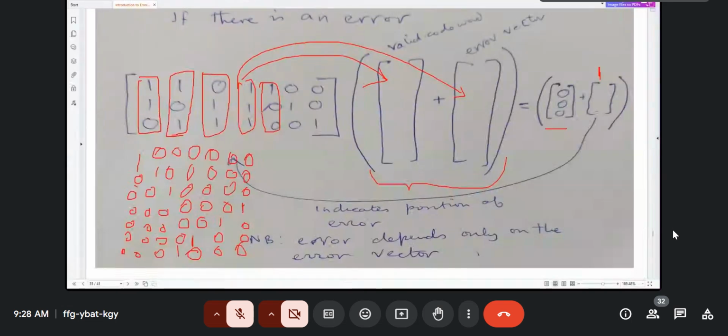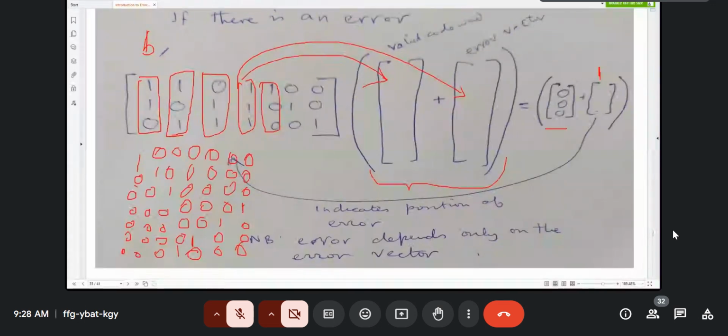So what the receiver does, it takes the syndrome, then it has a lookup table. This lookup table tells us, if you get this syndrome, that is bit 1. If you get this syndrome, it's bit 2.